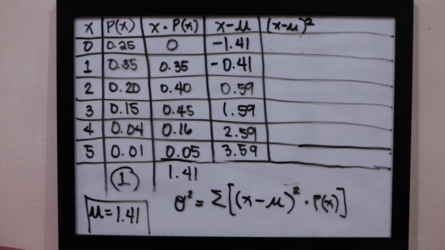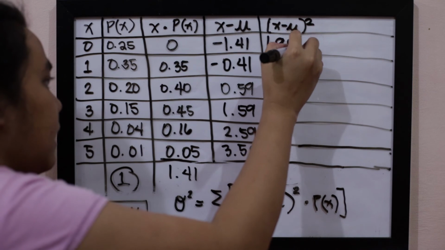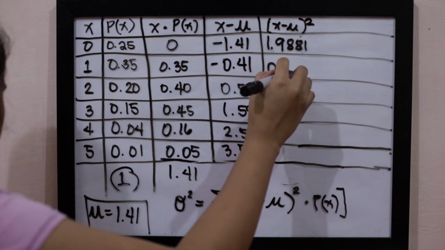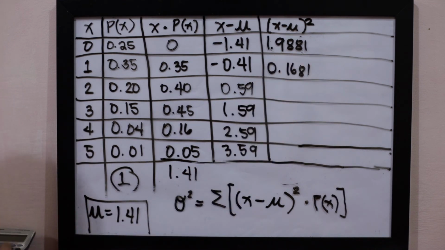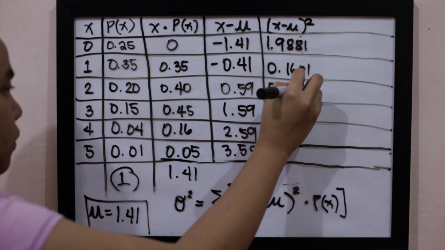So, ngayon po, computing 1.41 or negative 1.41 squared is 1.9881. Next, negative 0.41 squared is 0.1681. Next, 0.59 squared, the answer is 0.3481.